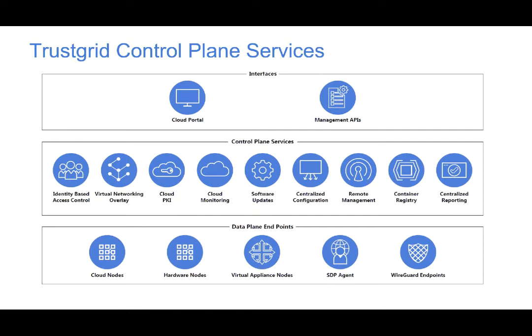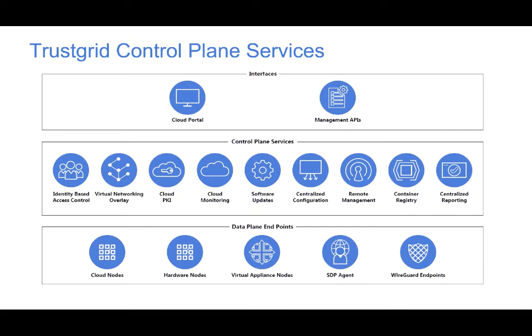As mentioned earlier, Trustgrid supports a variety of data plane endpoints. Our cloud nodes support the 4 major cloud vendors, Amazon, Azure, Google, and Oracle. Our hardware appliances are delivered on x86 architecture white box appliances used by many of the leading next-gen firewall providers today, are available at low price points, and are easily pre-configured and deployed on-premise in environments where IT staffing may be a challenge.